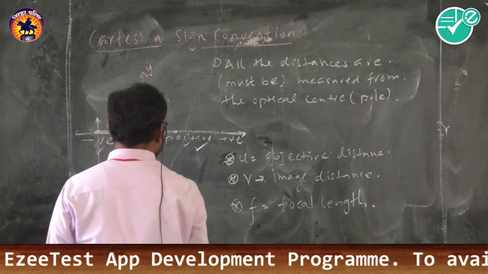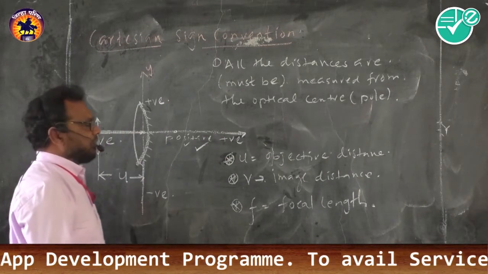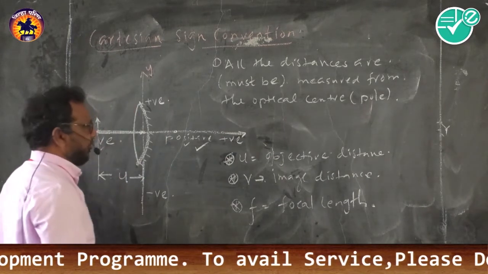What is optical center or pole? There are two types of centers generally used in optics.